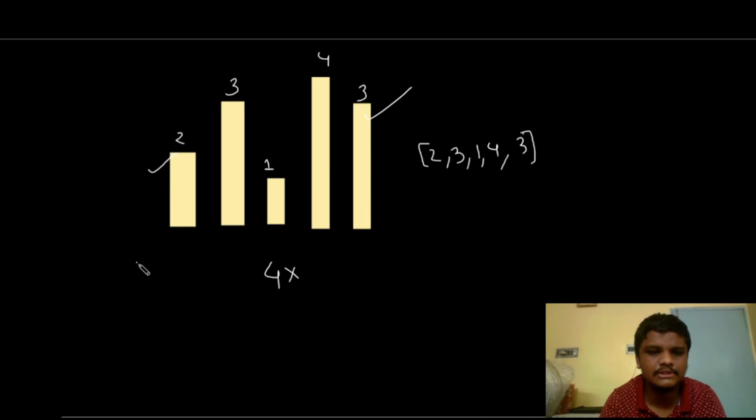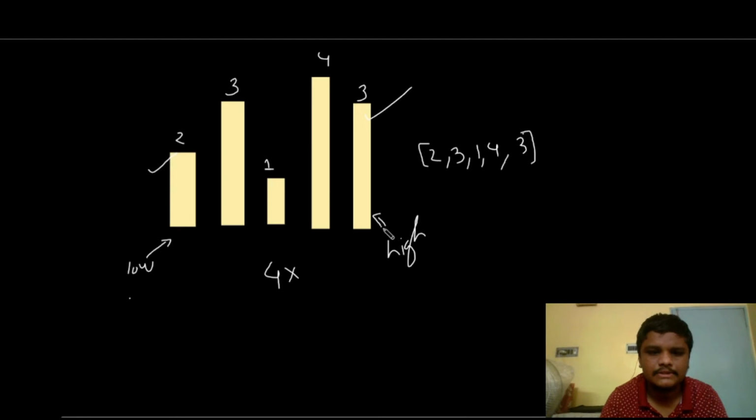So let's have a low pointer, which is currently pointing to this 2, and let's have a high pointer, which is currently pointing to this element.